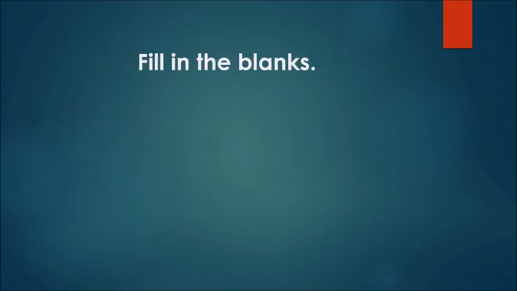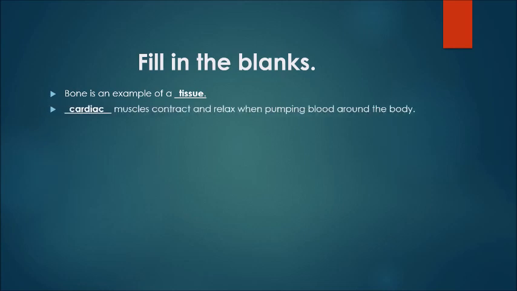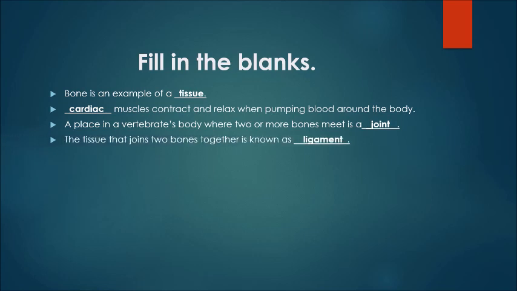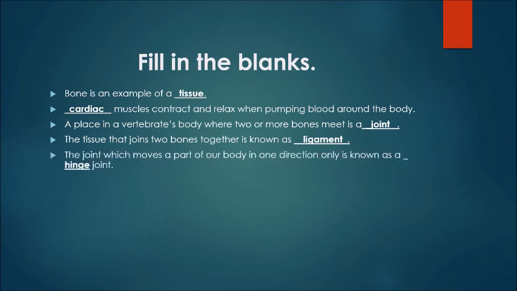Fill in the blanks. Bone is an example of a tissue. Cardiac muscle contracts and relaxes when pumping blood around the body. A place in a vertebrate body where 2 or more bones meet is a joint. The tissue that joins 2 bones together is known as ligament. The joint which moves a part of our body in one direction only is known as a hinge joint.